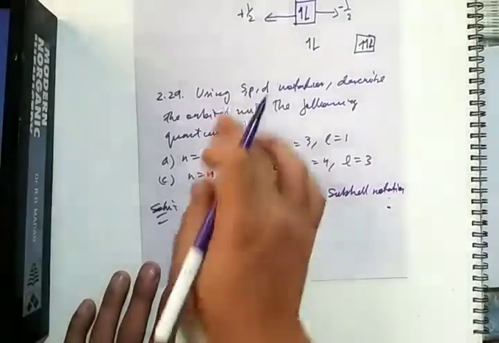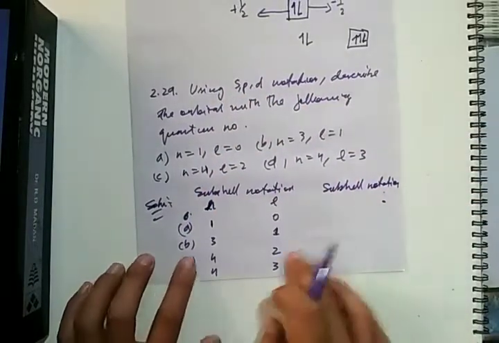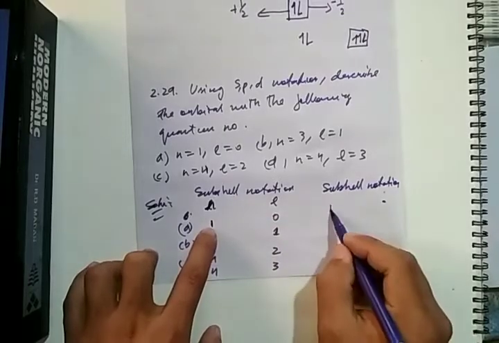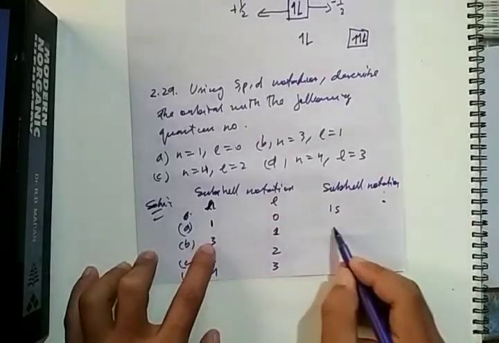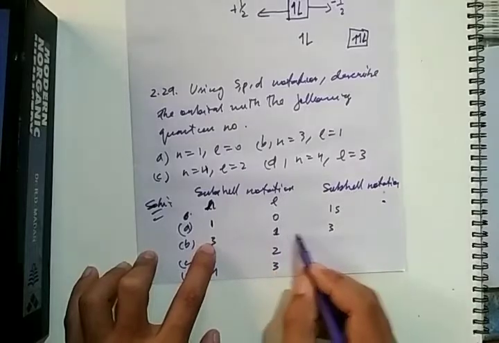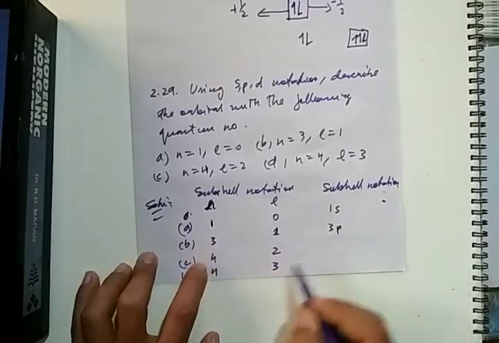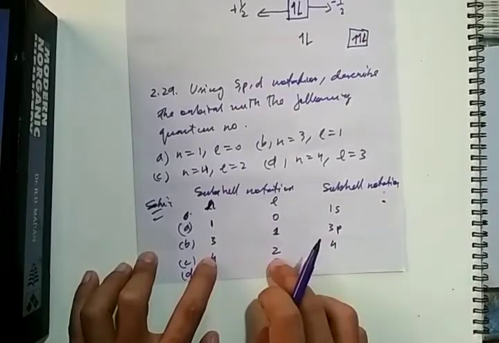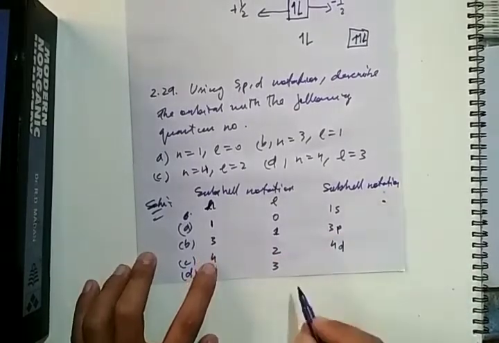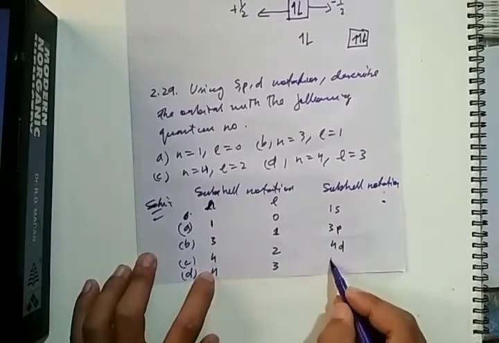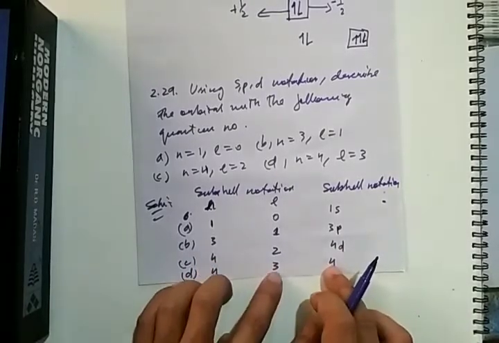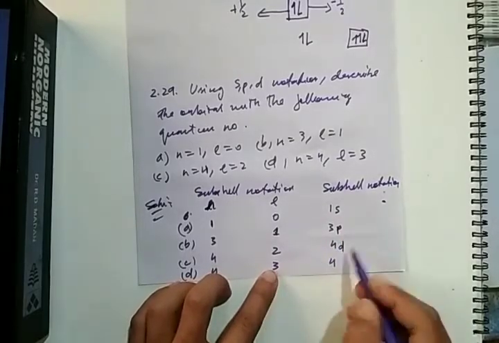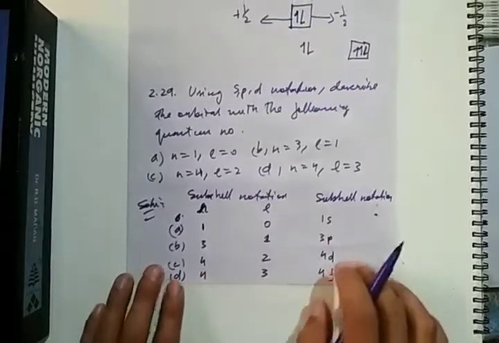So we are to assign the subshell notation, s, p, d, f and so on. For 0 we know s, and since n is 1, it is 1s. For n equal to 3, l equal to 1 will be p, so 3p. For n equal to 4, l equal to 2, after p, d comes, so 4d. For n equal to 4 subshell with l equal to 3, s, p, d, next will be f, so 4f.